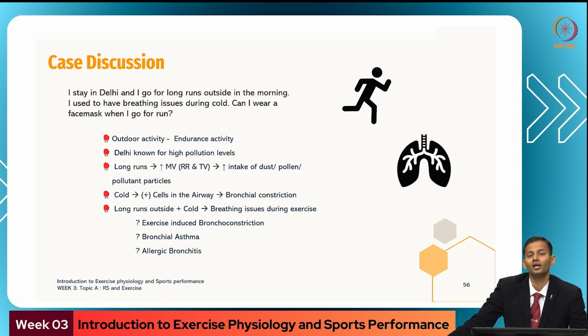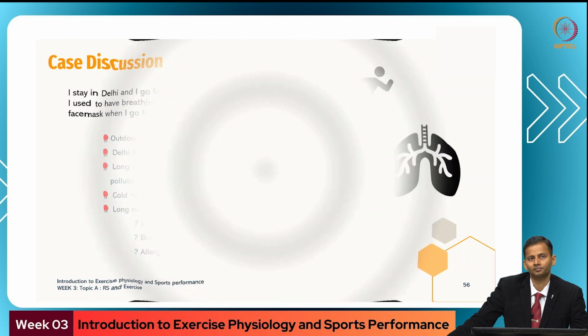It might be bronchial asthma, or you may be having a seasonal weather change because of the allergens or type of particles that are present during certain seasons, or an increase in the pollution level could have caused such a breathing issue during cold weather. So these are the possibilities that I could derive with this initial analysis.